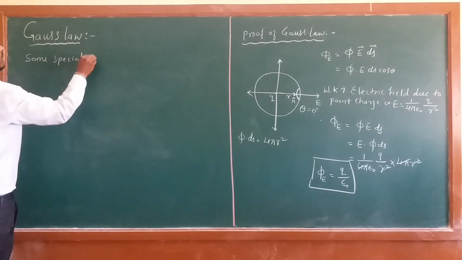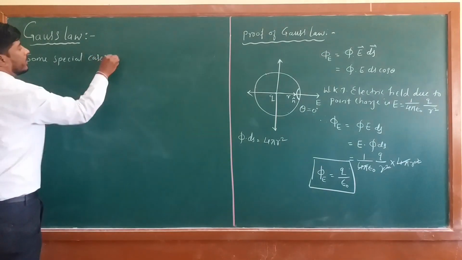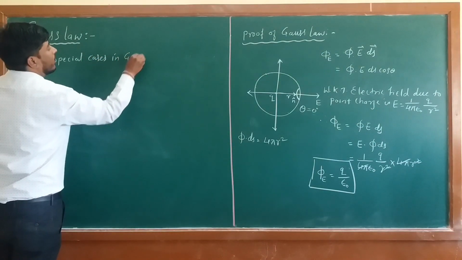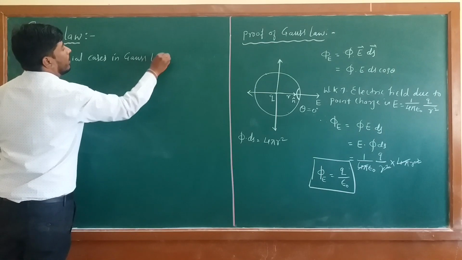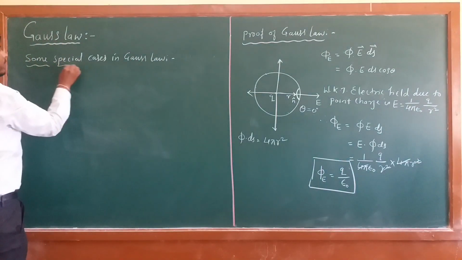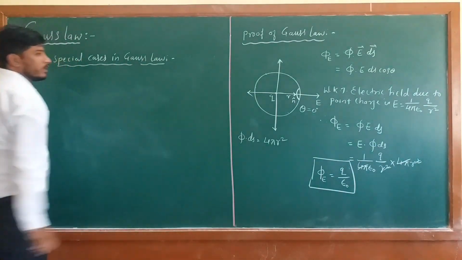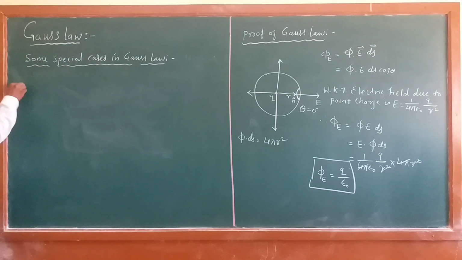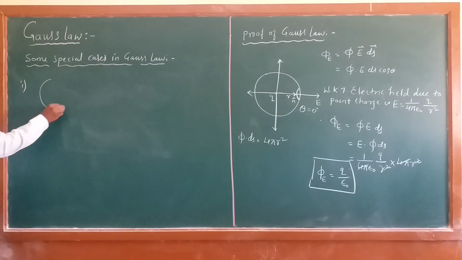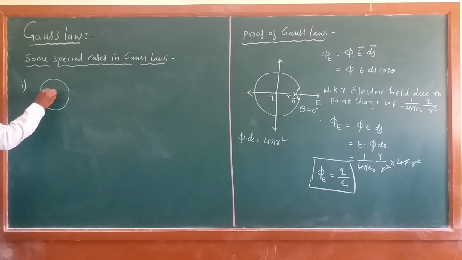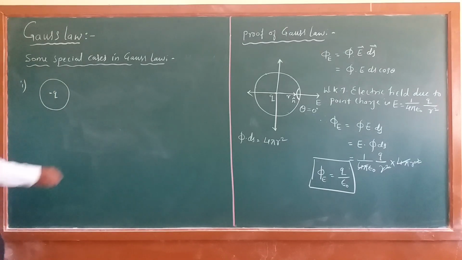Some special cases in Gauss law. Say here there are three shapes. One, there is one closed surface, and there is charge Q present.